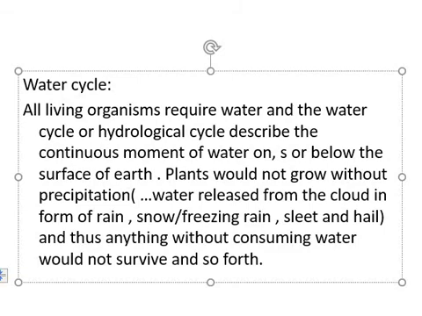Plants would not grow without precipitation, that is water released from the cloud in the form of rain, snow, sleet and hail.